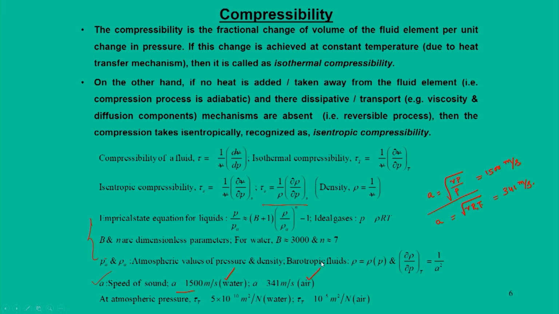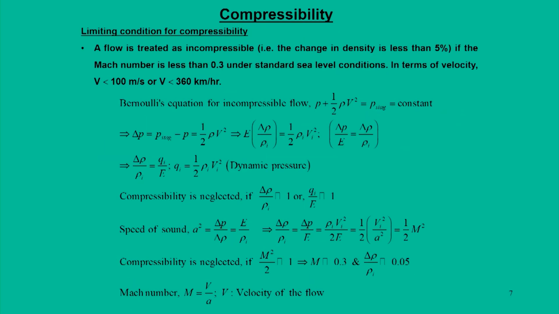To give a realistic number, if we define isothermal compressibility for water and air, we find that for air this value is much larger than that of water. This is essentially true, and that is the reason liquids are incompressible.